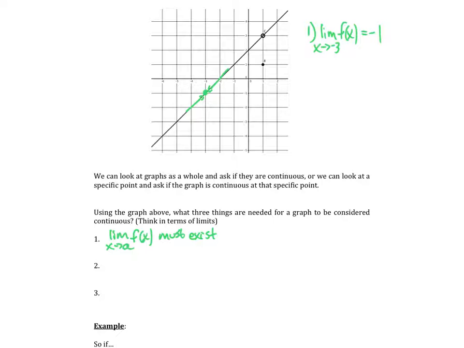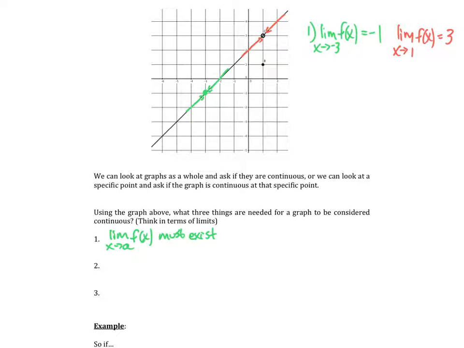So that checks. Conversely, does the limit as x approaches +1 exist? Does it equal some value, or does it not exist? Well, it equals +3, as I come to that x value of +1 from both directions, both those arrows are pointed towards 3.